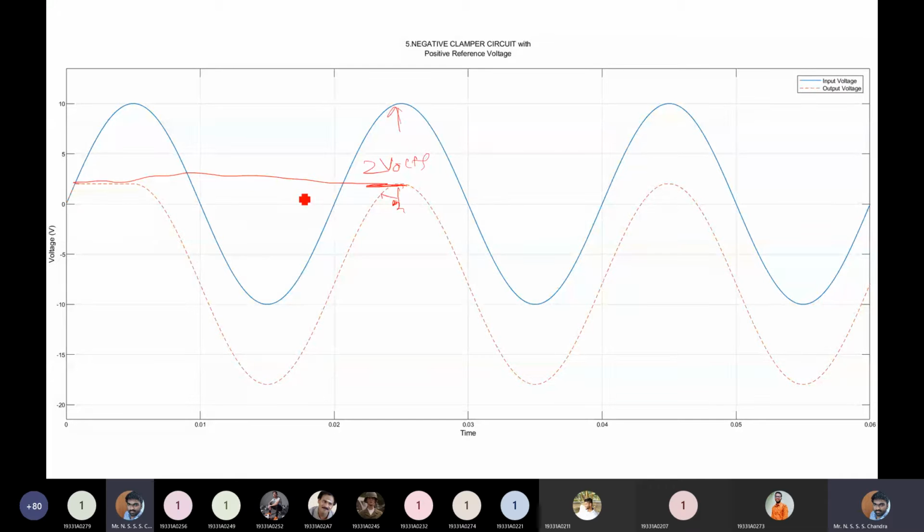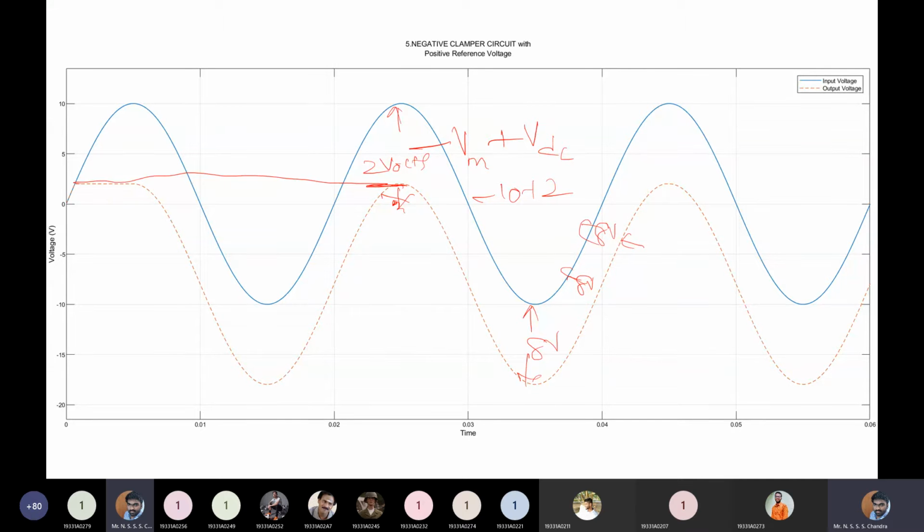So your net effective change in voltage is not 10 volts. Your voltage is not reduced by Vm, sorry, it is reduced by an amount of minus Vm plus VDC. So we are reduced by minus 10 plus 2, that is 8 volts. So this difference is 8 volts. Here it is 8 volts.